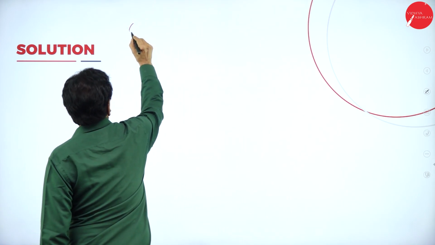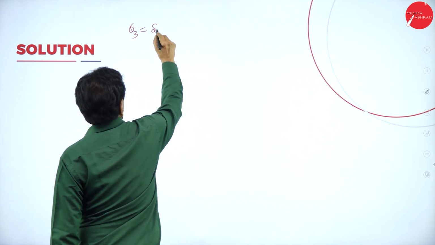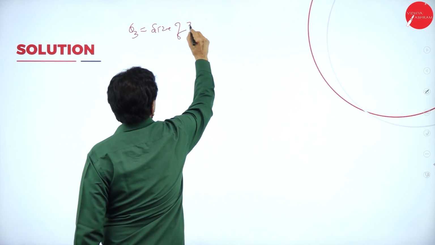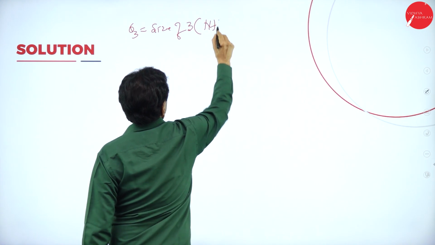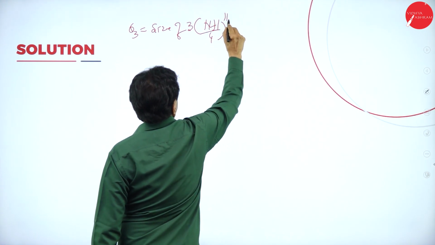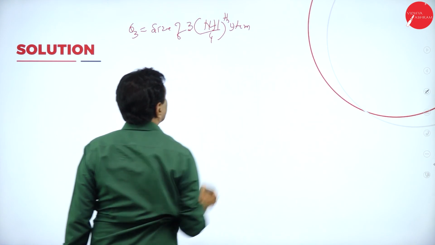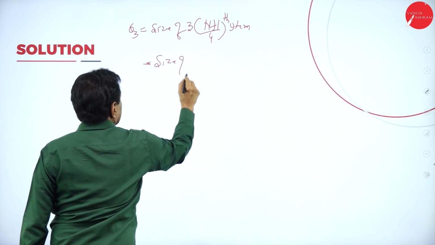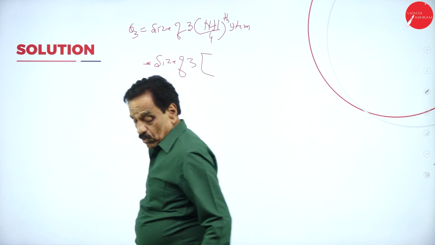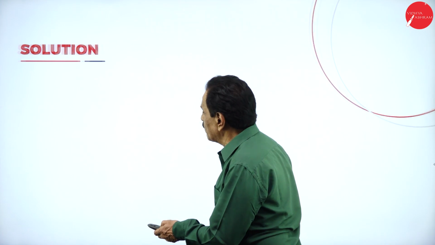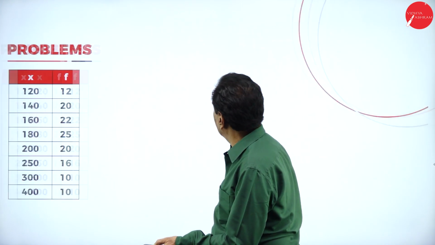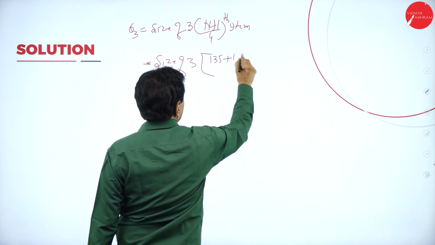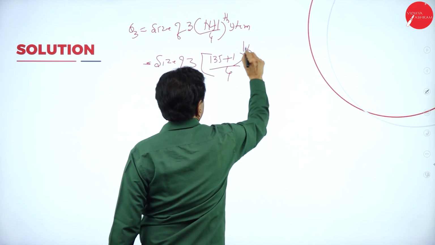Q3 is equal to size of 3 into (n plus 1) divided by 4th item. This is equal to size of 3 into, what's your n now? 135. 135 plus 1 divided by 4th item.